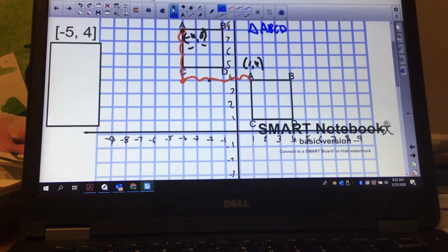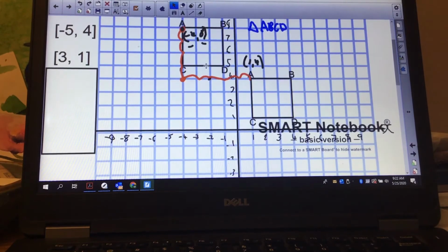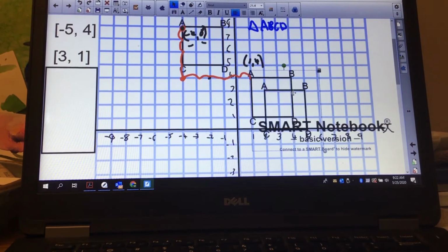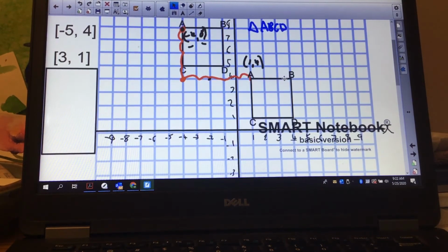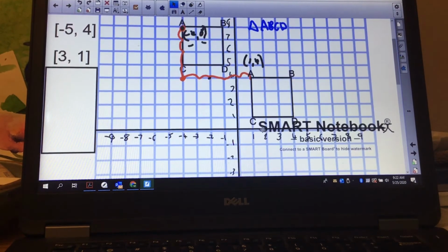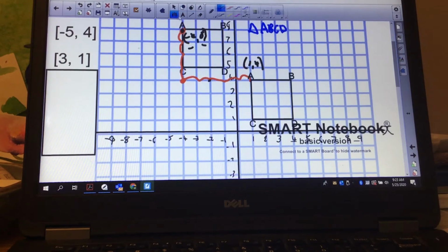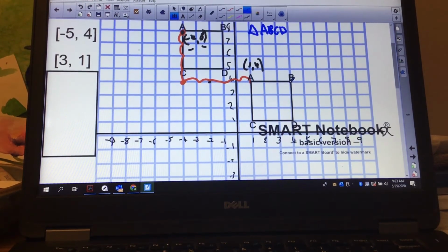Okay, so if my vector was 3, 1, I'm moving to the right. So you know what? I might start this time with point B, because it's easier to move.